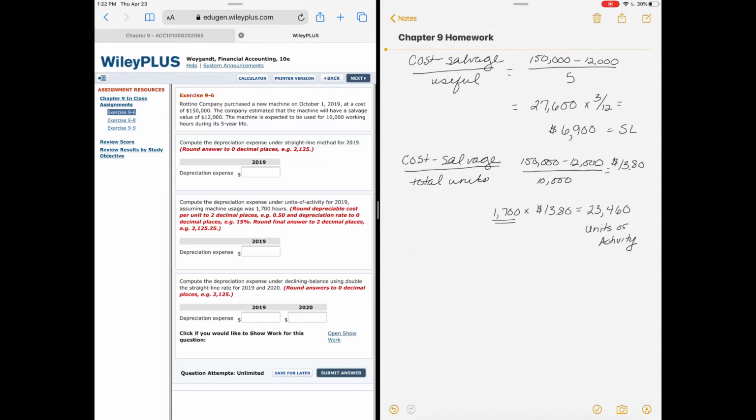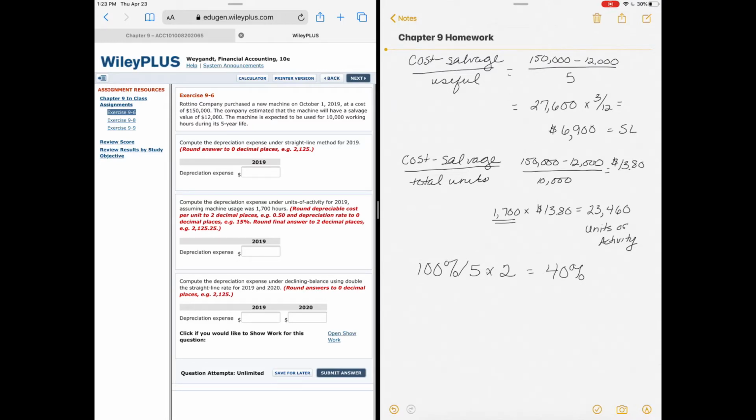And remember, I have to find that depreciation rate. To get the depreciation rate, I'm going to take the 100%, and I'm going to divide by my useful life, which is 5, and multiply that by 2. So my depreciation rate is going to be 40%.